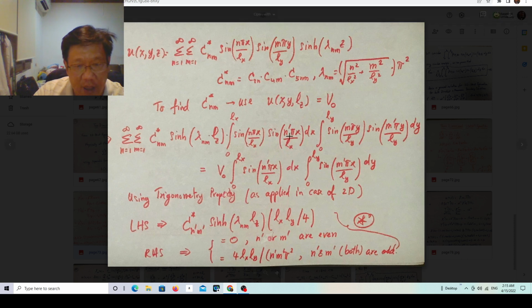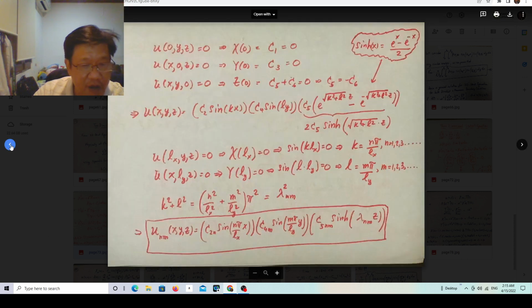When n is not equal to n pi and m is not equal to m pi, all terms are zero and vanish. For the left-hand side also, it's going to happen only when n pi and m pi become odd values, not even values.